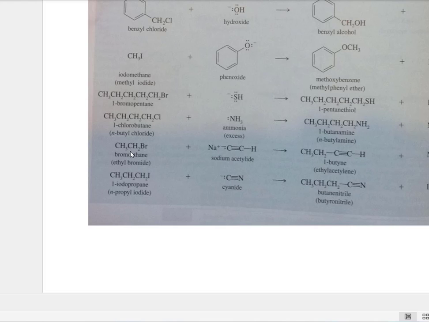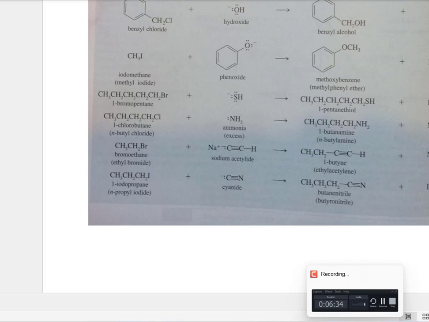So whatever the carbon is that has the bromine or iodine or chlorine attached to it right here, this carbon, we are going to create a new bond between this triple bond and that carbon there. So this triple bond remains. There is a new bond that forms between the carbon and the carbon where the bromine or chlorine or iodine was.